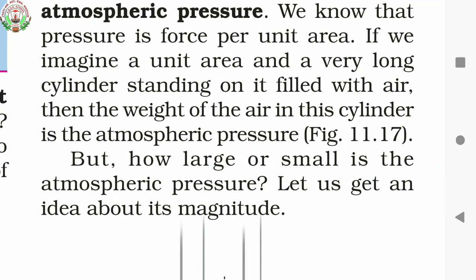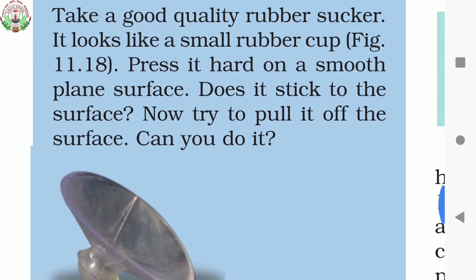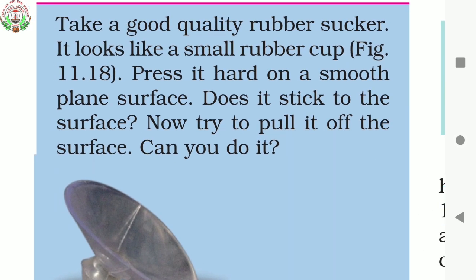Now let us get an idea about the magnitude of atmospheric pressure. Magnitude means how large or small the atmospheric pressure is. We'll do one activity. Take a good quality rubber sucker.